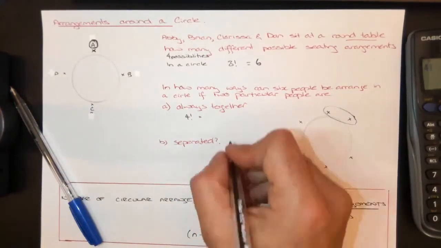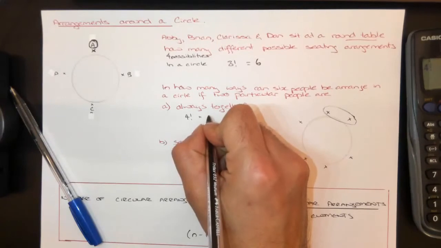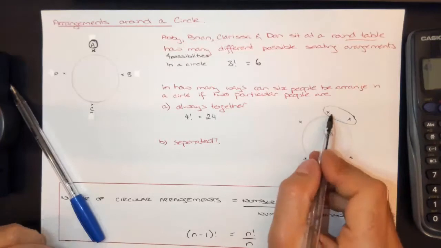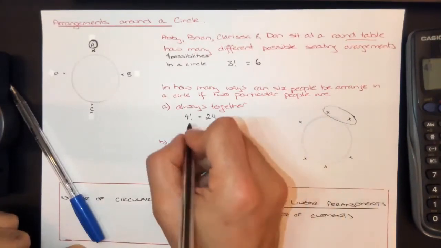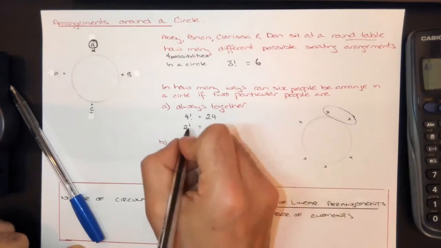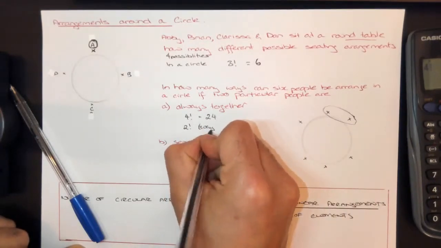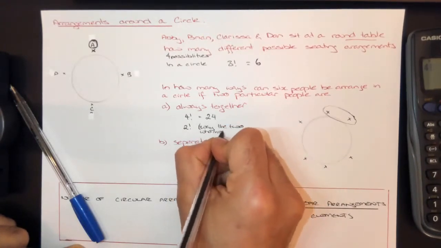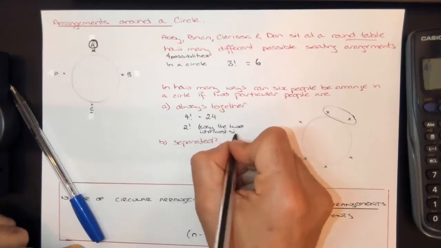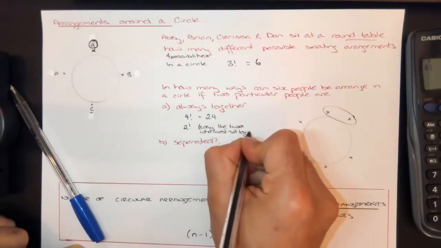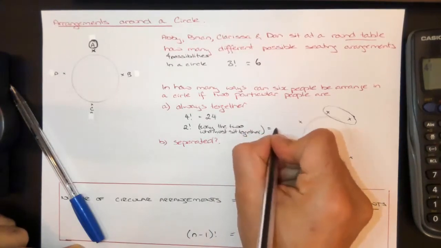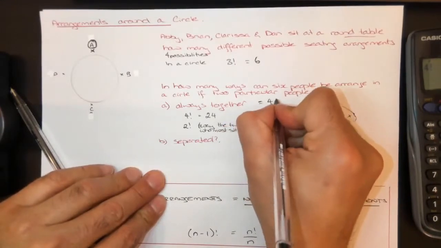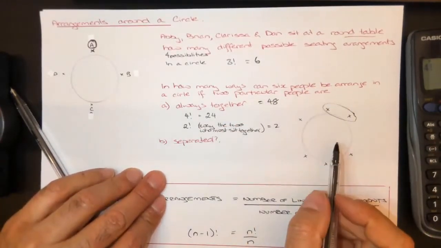But I'm not quite sure which way these 2 people are sitting, so I actually have 2 factorial for the way they are sitting. So the final solution for this would be 48 possible scenarios. Okay.